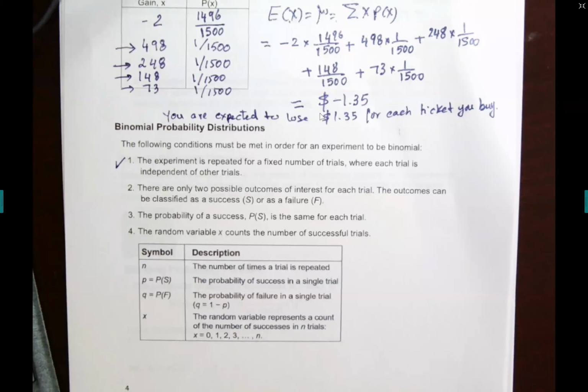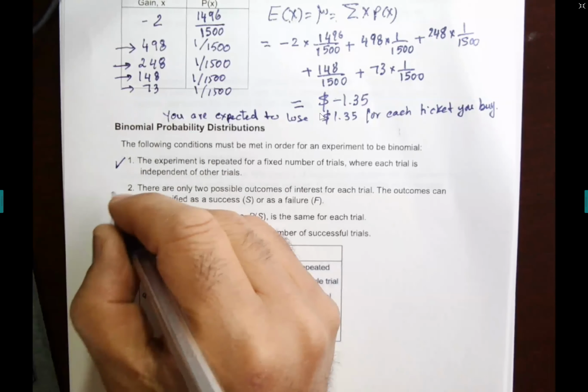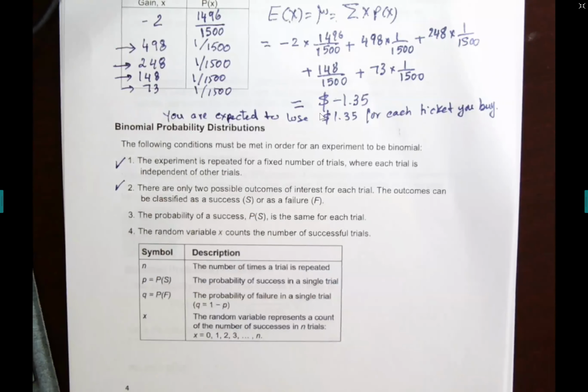For example, you roll a die, you would win if you get a 5. So if you get a 5, you win, it's a success. And if you don't get a 5, you fail, it's a failure. The probability of success does not change from one roll to another.